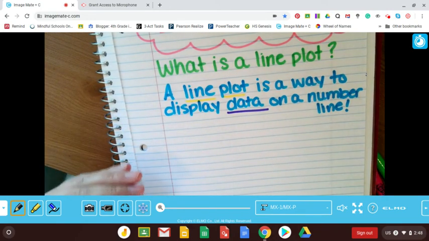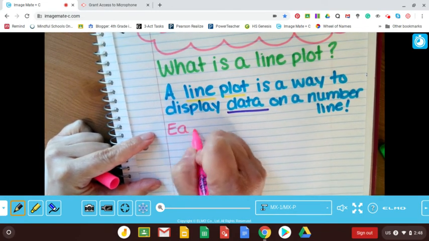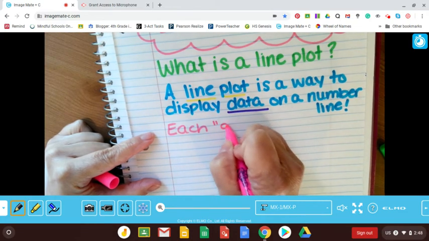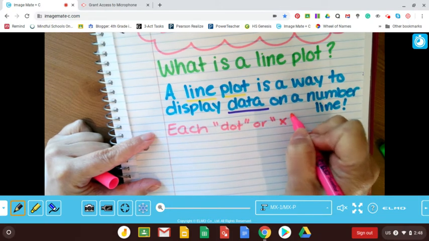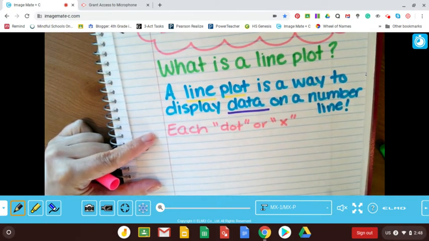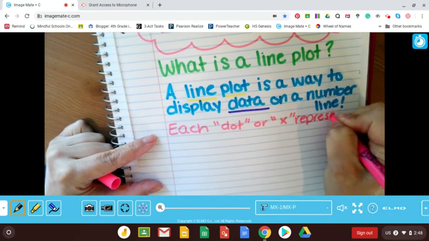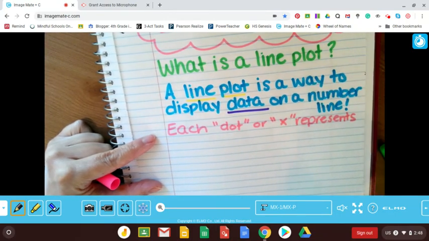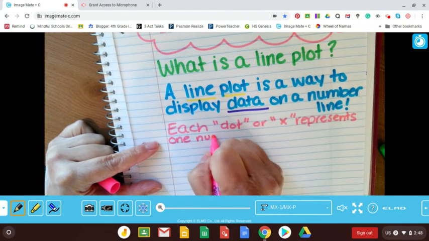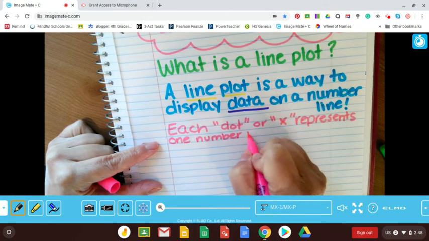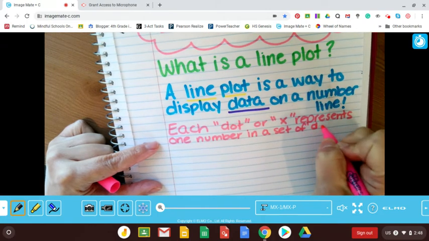On a number line in particular, each dot, and let's write this down too, each dot, or sometimes we just make an X instead of a dot, so I'm going to put those in quotations there. Each dot or X represents one number in a set of data. So that's really all you need to know.